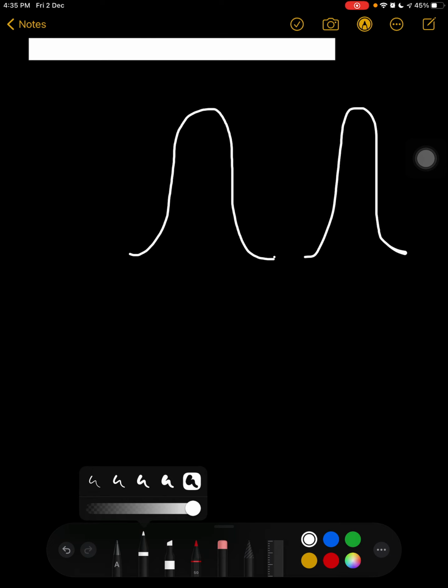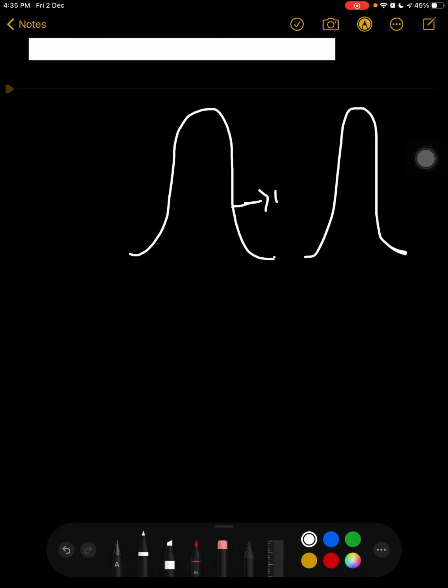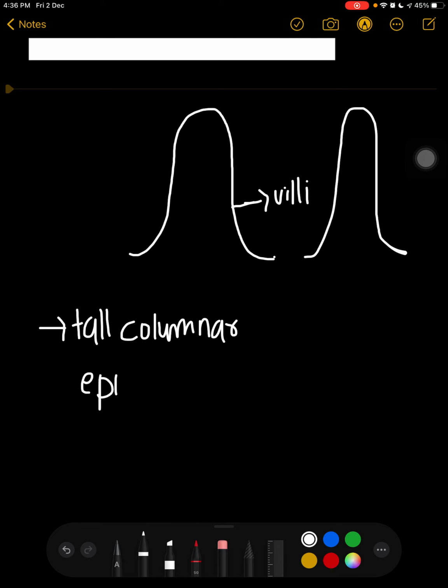Above the villi, it is made up of cells which are known as tall columnar epithelium cells. Over here we have this tall columnar epithelium.